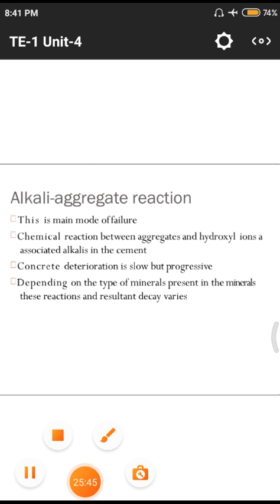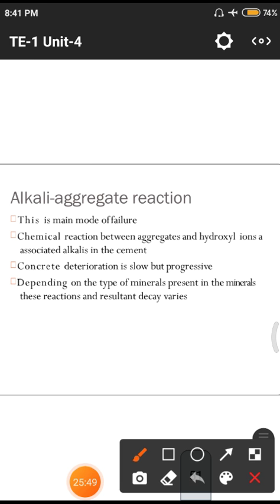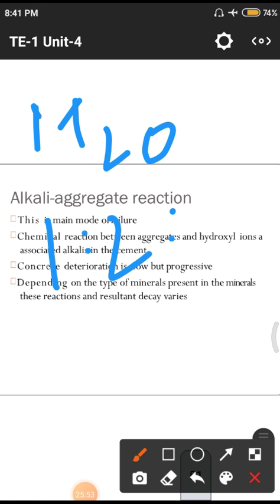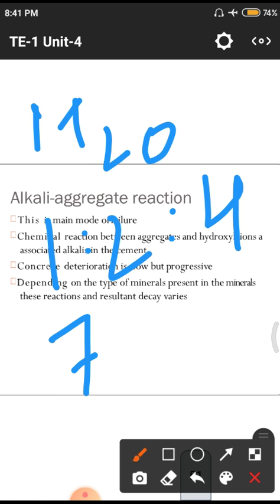Normally for M20 we have to use automatically 1 is to 2 is to 4. The total quantity is 7. In those 7 parts, the cement part is 1 part, the fine aggregate part is 2 parts, and the coarse aggregate part is 4 parts.